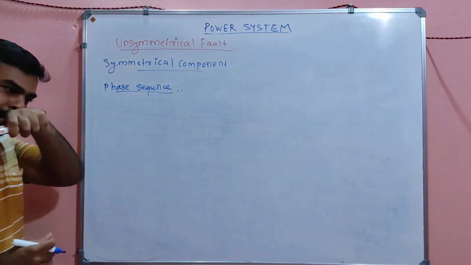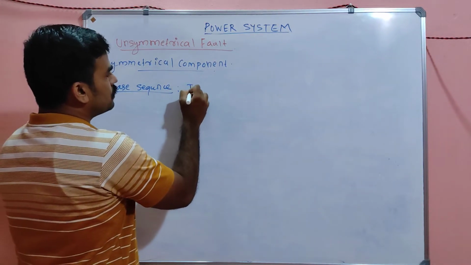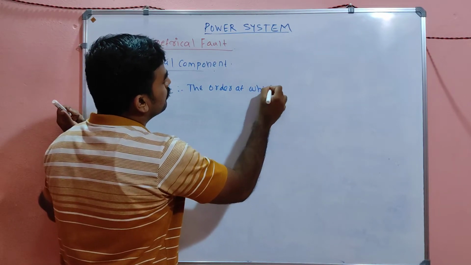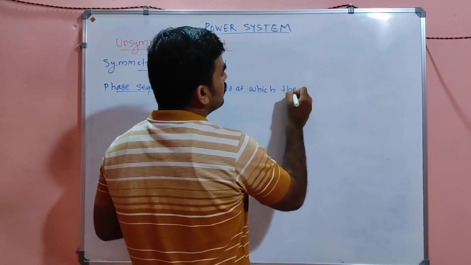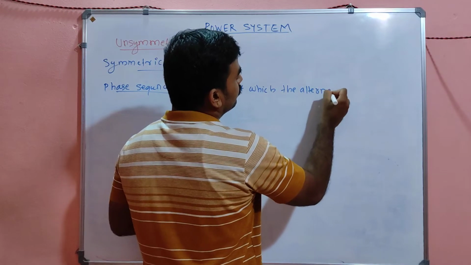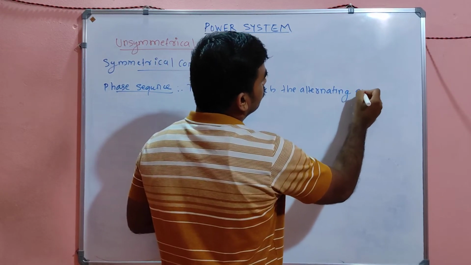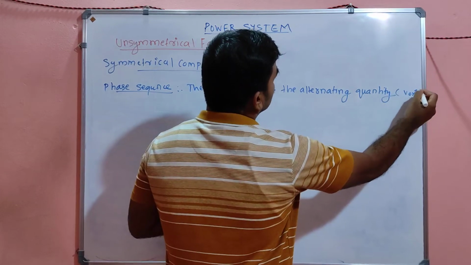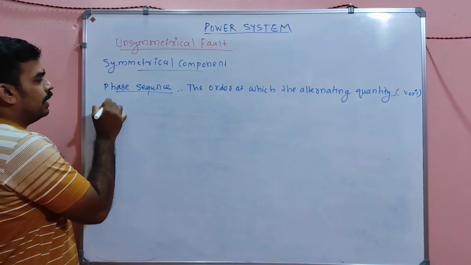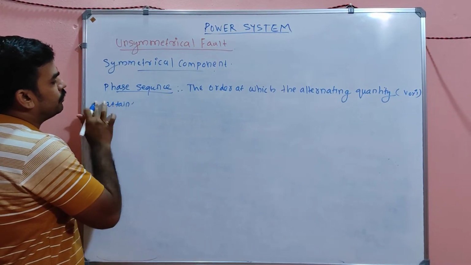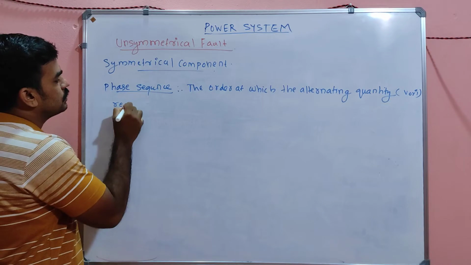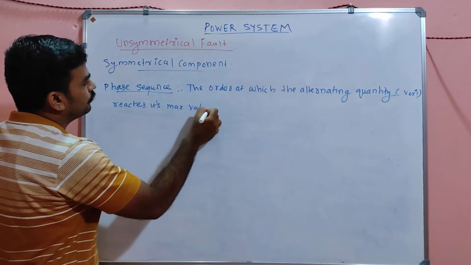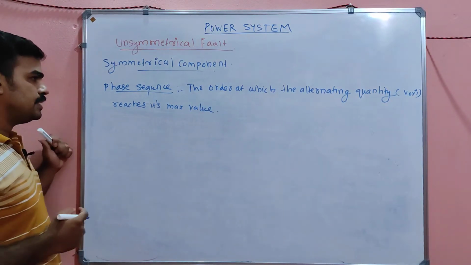Phase sequence is nothing but, my dear, the order in which the alternating quantity, that may be V or I, reaches its maximum value. That means there are two types of phase sequences, my dear.